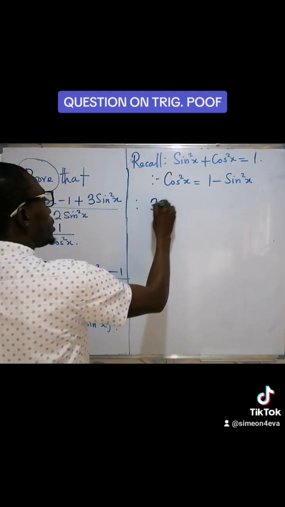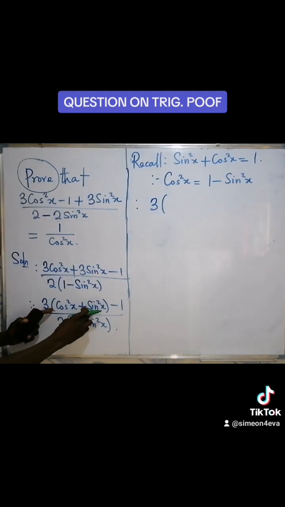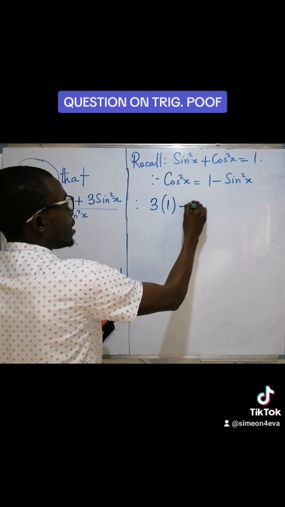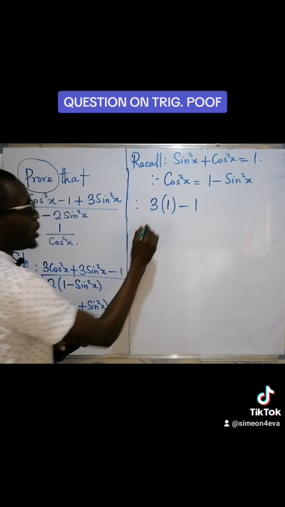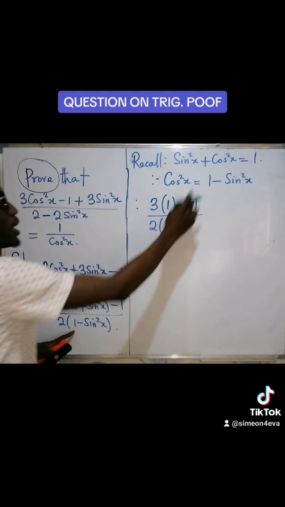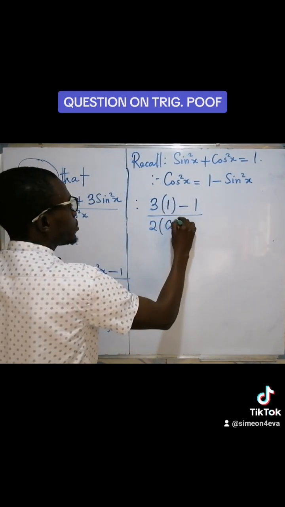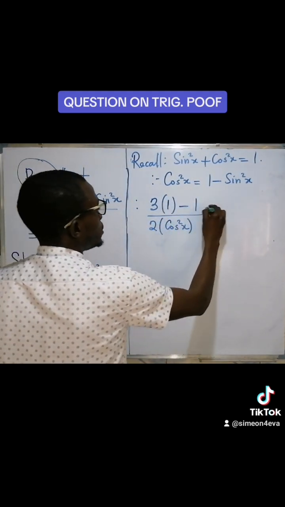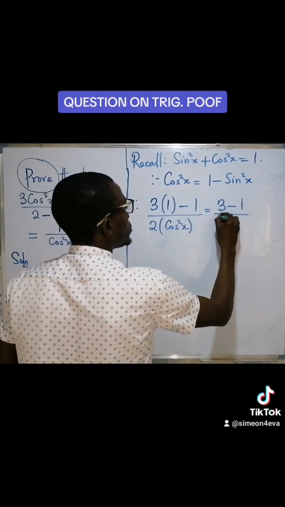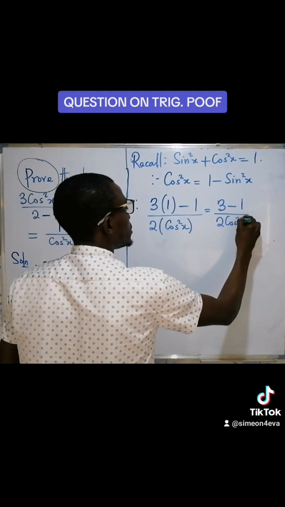This is now going to give you 3 times (cos square x plus sine square x, which has been demonstrated here to be 1), then we have minus 1, over 2 multiplied by, what is 1 minus sine square x? Cos square x. Now 3 times 1 is 3, minus 1, over 2 cos square x.